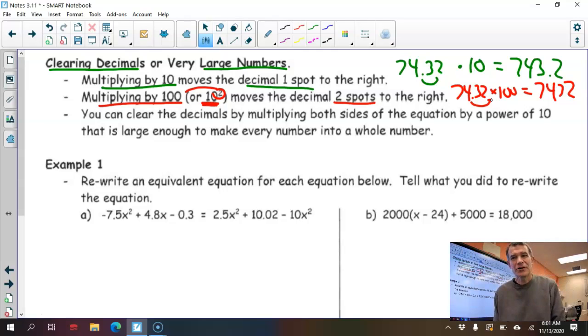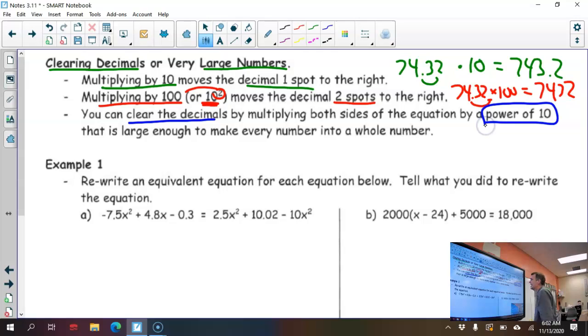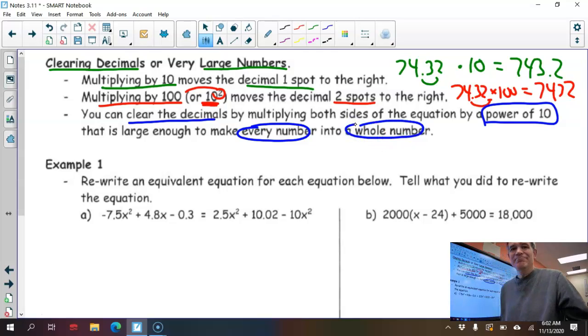This is the basis for clearing decimals out of a problem. You can clear the decimals by multiplying both sides of the equation by a power of 10 that is large enough to make every number into a whole number. Maybe you've seen this before.